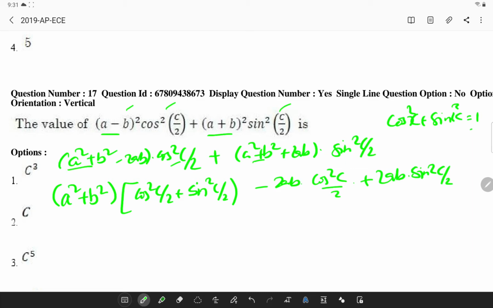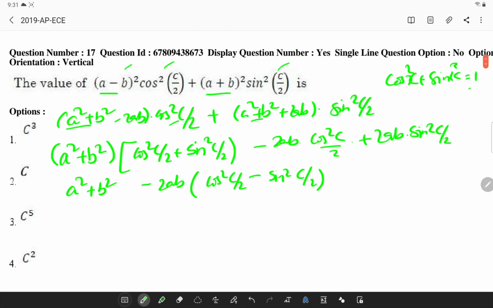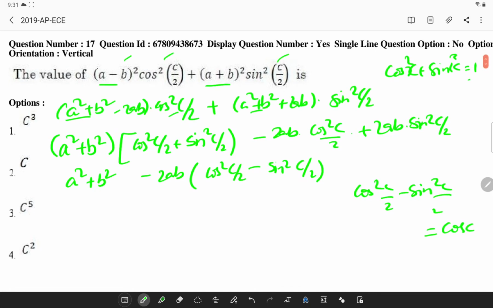So I'm taking common things. Here I'll be having a square plus b square, and if I take 2ab common, I'll be left with cos square c by 2 minus sin square c by 2. If I remember the properties, cos square c by 2 minus sin square c by 2 is nothing but cos c, and we also have cos c as a square plus b square minus c square by 2ab.